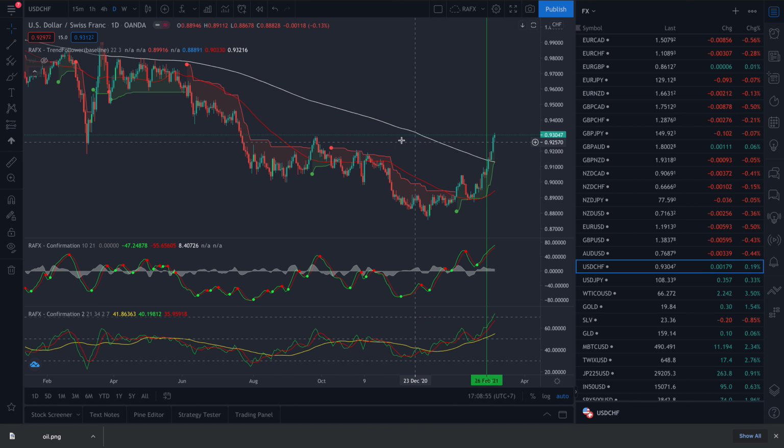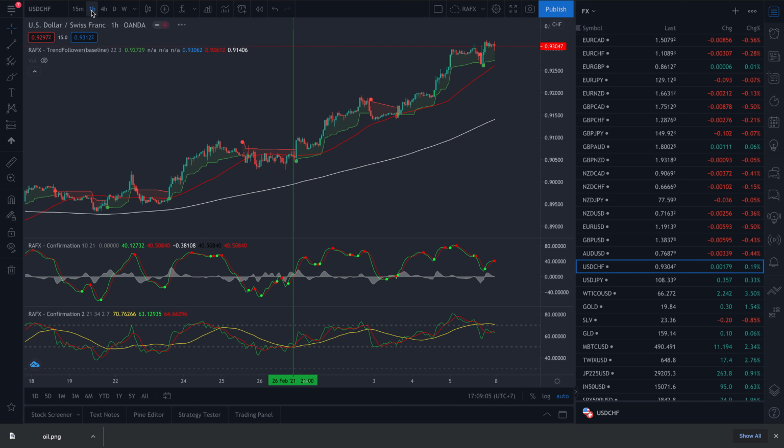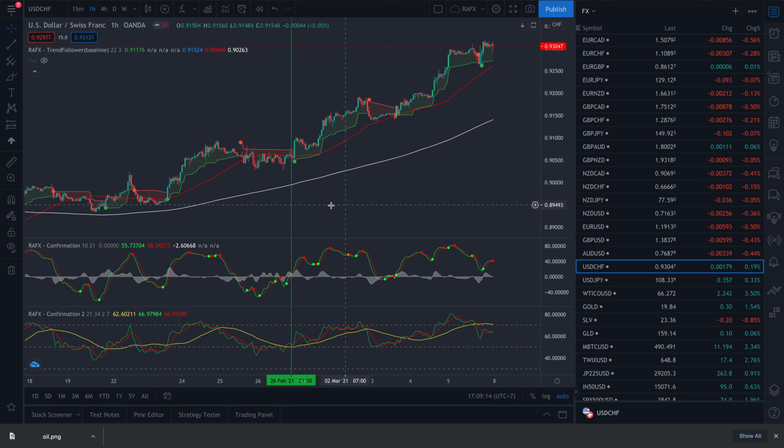Then we have to look into a long trade, so let's check if we do have one in the 1 hour time frame. In 1 hour, it is confirmed that the trend is also an uptrend.